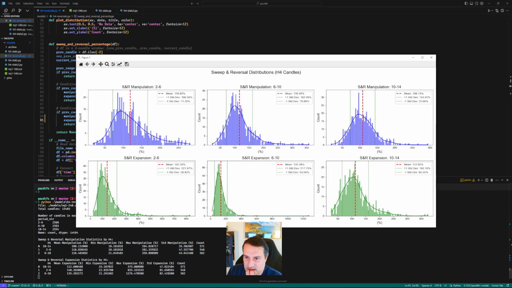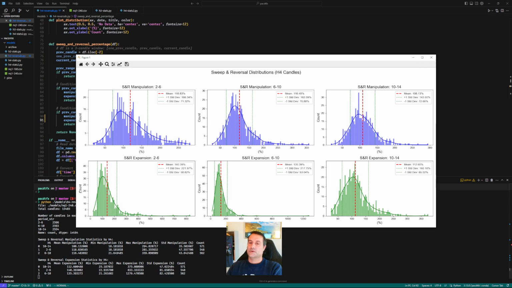Very interesting. So the numbers are unchanged for the sweep and reverse for the manipulation legs, and for the expansion now they're merged, and you can see that there is a sort of, so how much will the candle expand back, and it will go 2 times the previous one is the standard deviation.